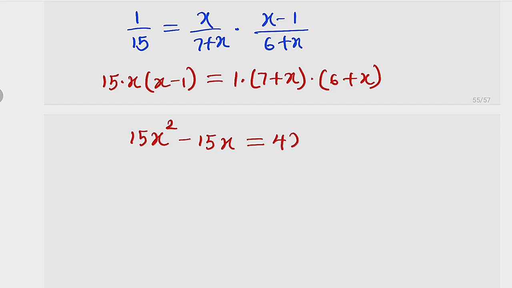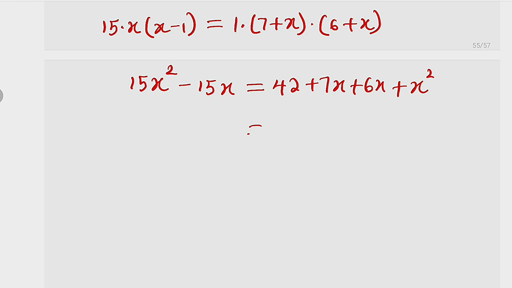That will give us 42. 7 multiplied by x, that will give us 7x. Then x times 6, that is 6x. x times x, that is x squared. So let's simplify this. This is 42 plus 13x plus x squared to the right, and to the left we still have 15x squared minus 15x.